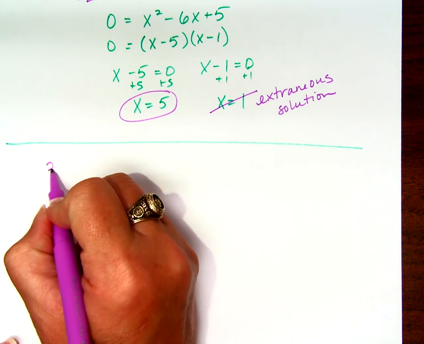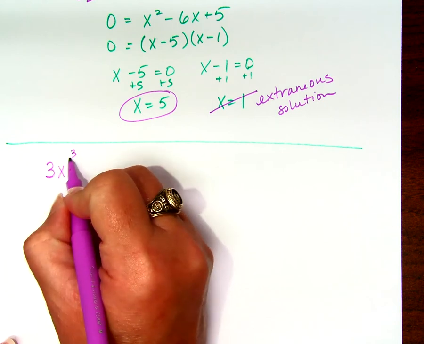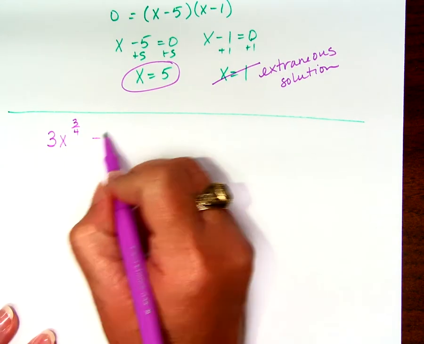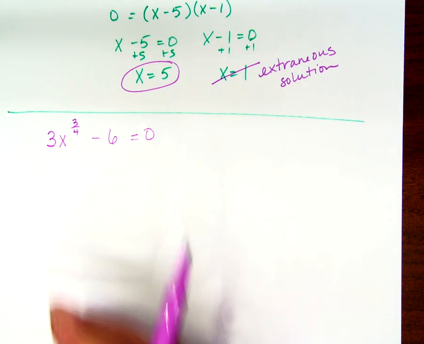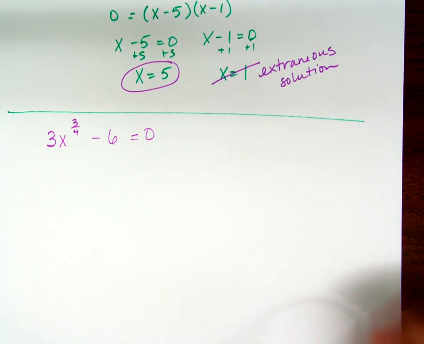So 3x to the 3/4 power minus 6 equals 0. If we're talking about this type of problem, what are we going to do first to solve for x? Subtract 6? Yeah, that's perfect.